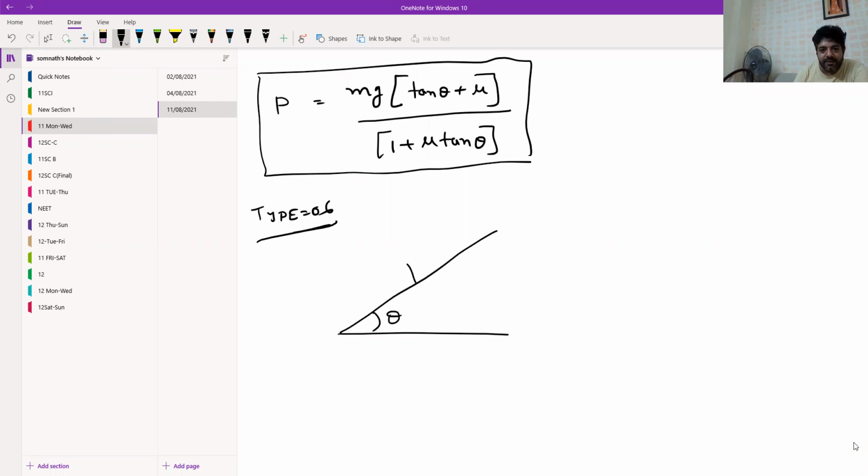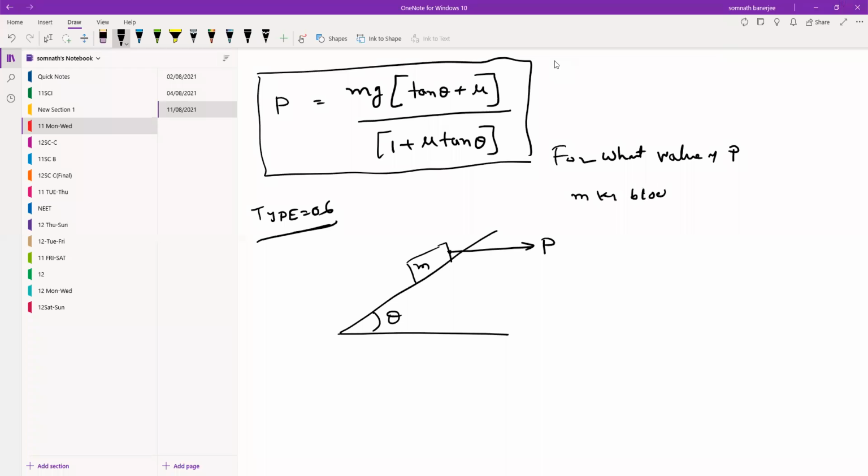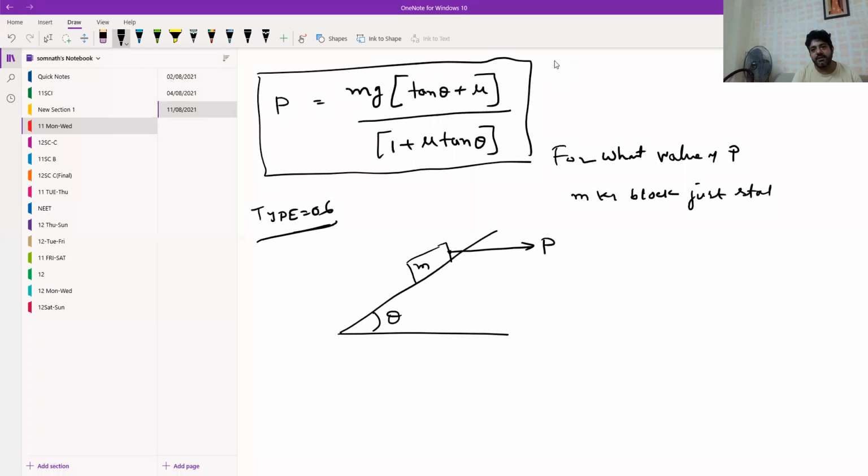Theta, and here you have a block of mass m, and now I'm giving the force parallel to this surface, and my question is the same: for what value of p does the m kg block just start to move upward? Okay, so try this question.